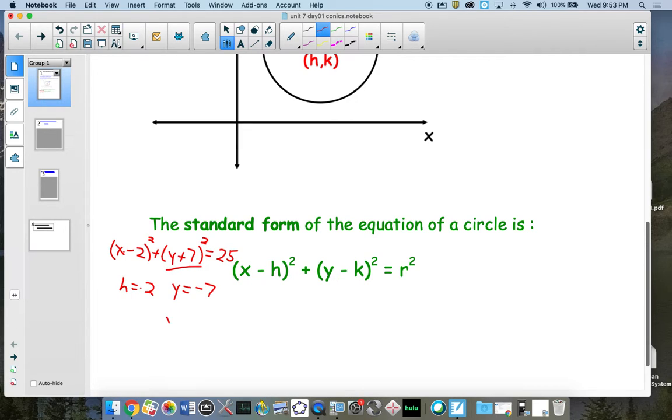So you can think of y plus 7 as y minus a negative 7. In our standard form, this is a minus, so if you see a plus, you have to think of it as minus a negative. Make sure that you understand that h is 2, k is negative 7. So the center is 2, negative 7. And then our radius is 25.